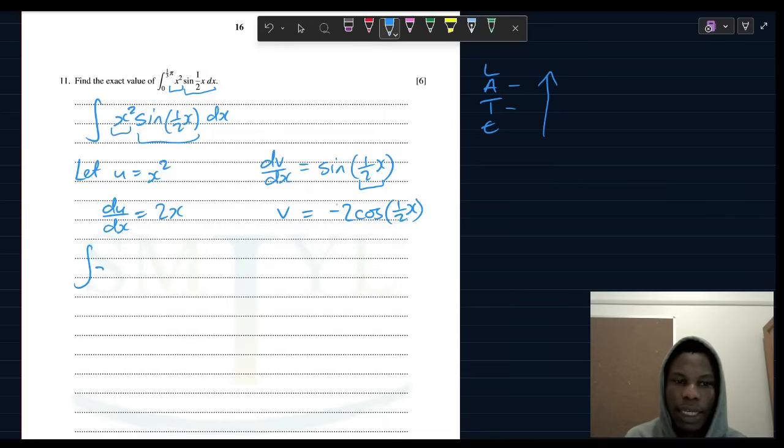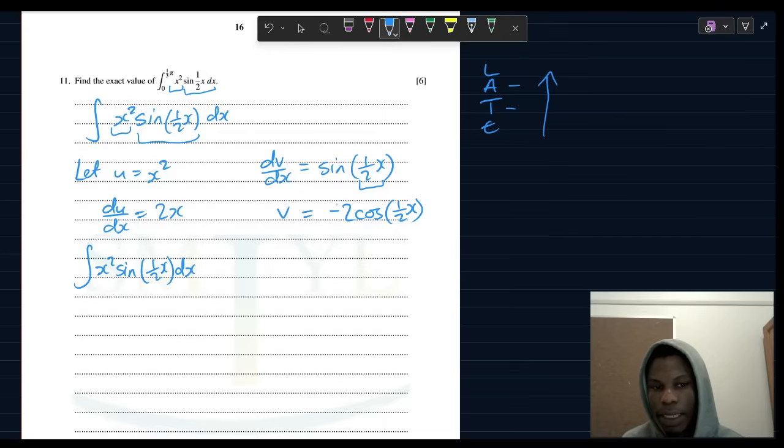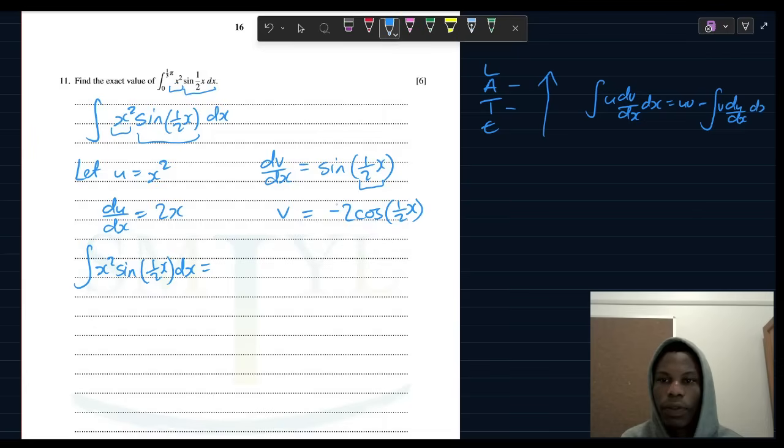And so you have that the integral of x squared sine a half x, using the formula for integration by parts, which is in the MF19, says the integral of u dv dx with respect to x is equal to uv minus the integral of v du dx with respect to x. So we want uv, which is the product of those two.